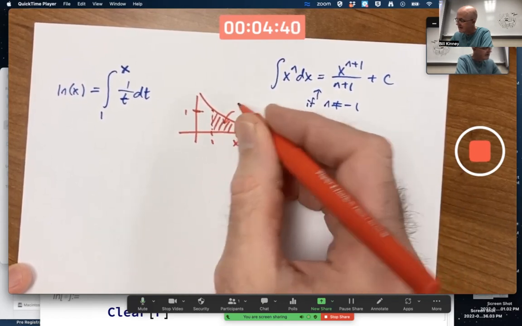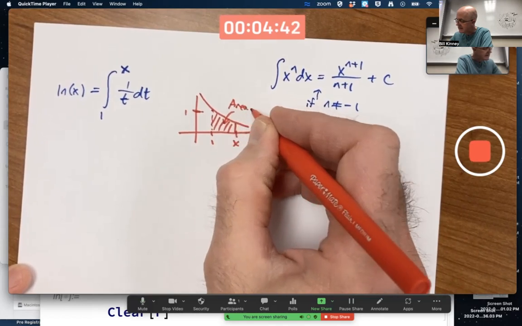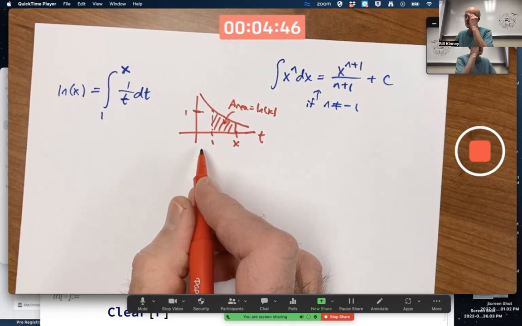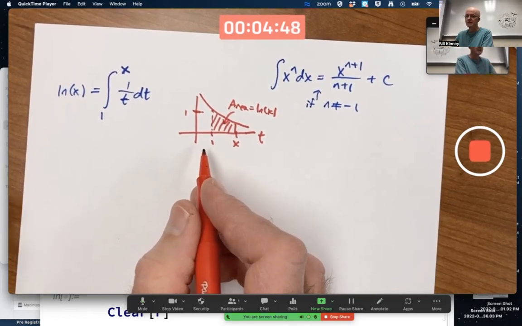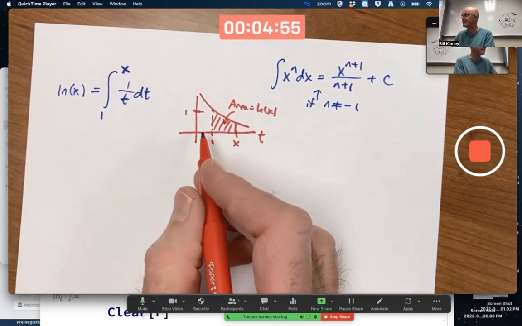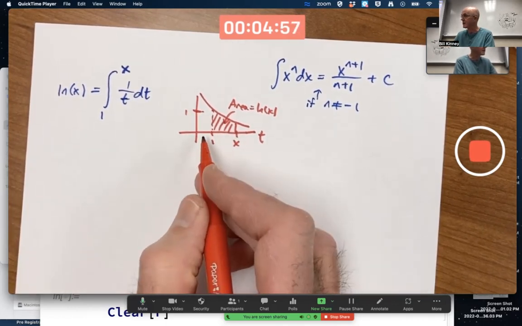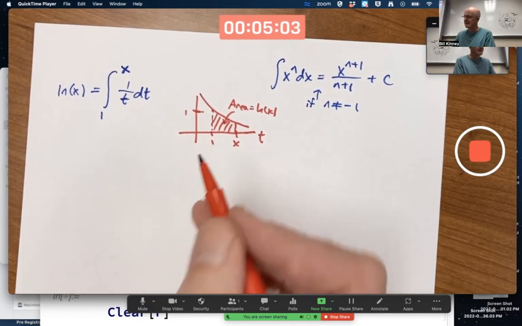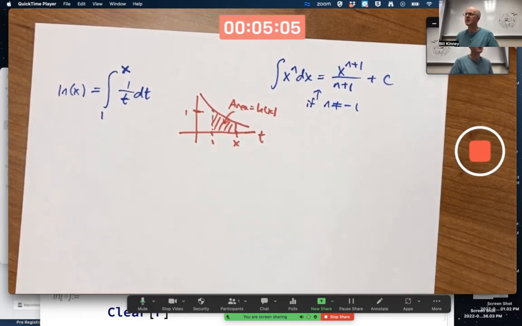That area equals ln of x. If x happens to be between 0 and 1, the integral is still the same, but you'd have to interpret it as the negative of the area under the curve between x and 1, if x were over here between 0 and 1. So they're defining the natural logarithm this way.